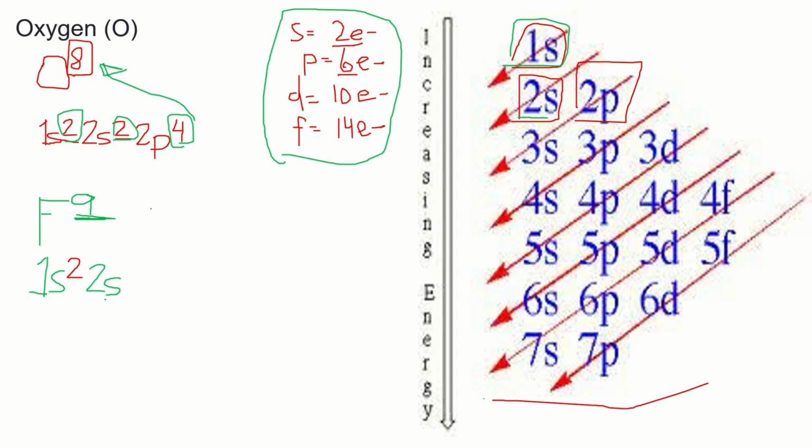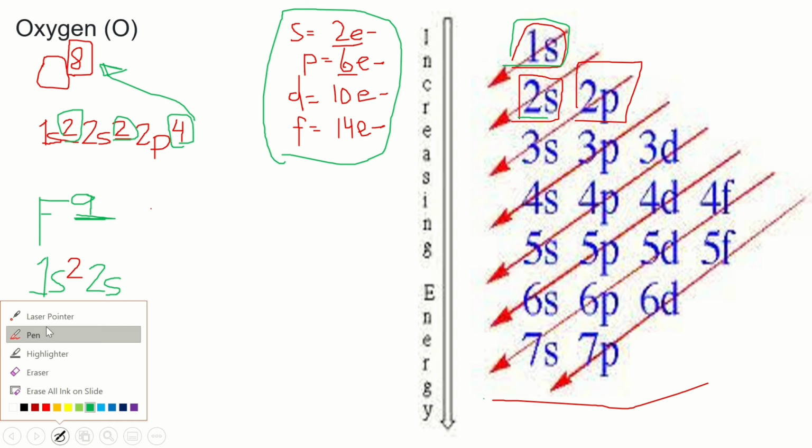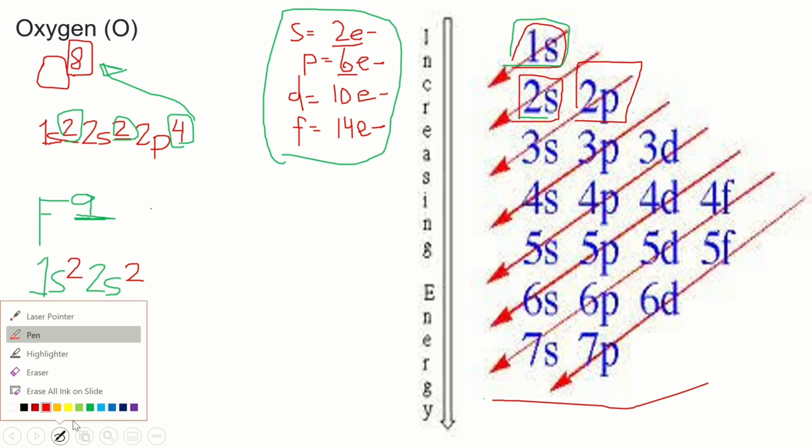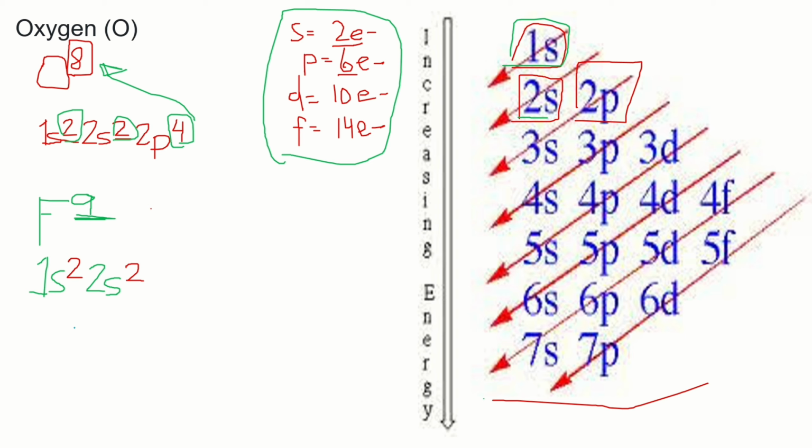Again, the S sublevel can hold up to 2 electrons. So let's write 2. So how many electrons do we have here in our electron configuration?